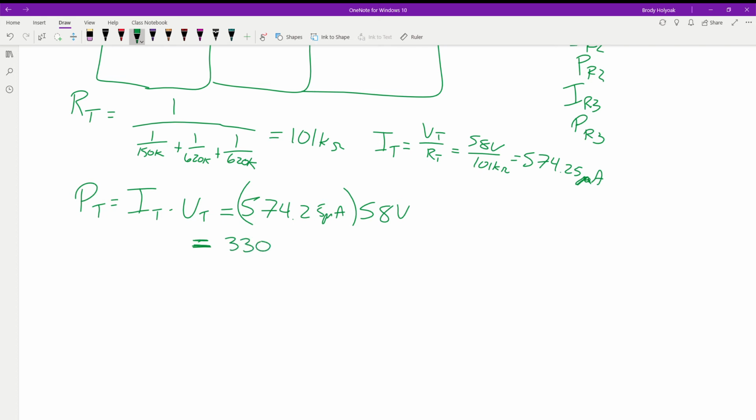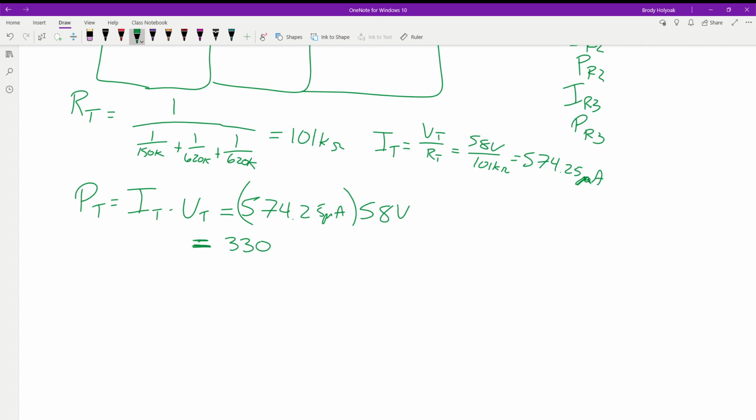Times 10 to the what? If you put in engineering notation, it'll give you something out in... Okay, yeah, so you got 574, you need to have that times 10 to the negative sixth.